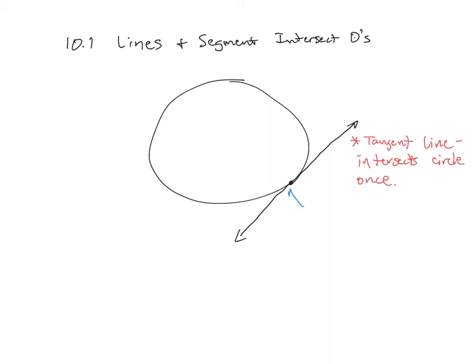And the actual point where it intersects is called the point of tangency. So in a couple theorems, you might use that point of tangency and for sure tangent.